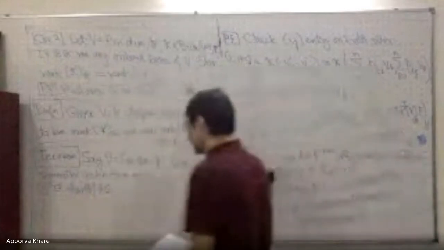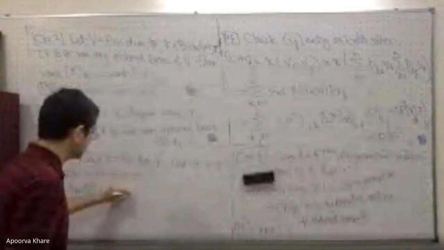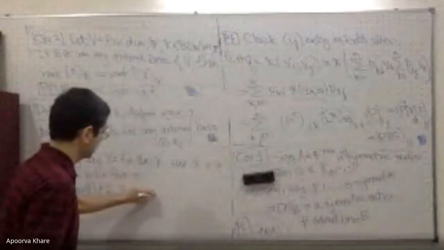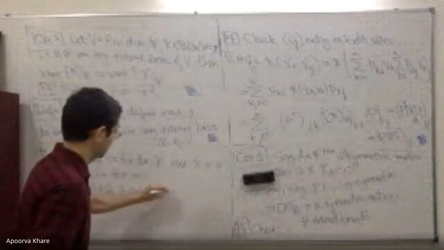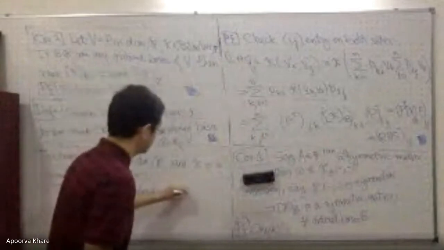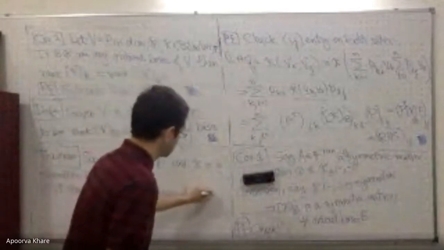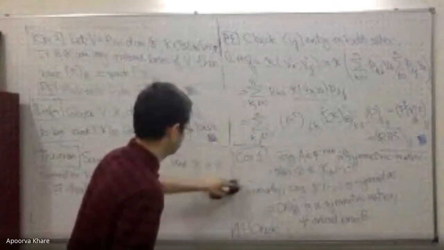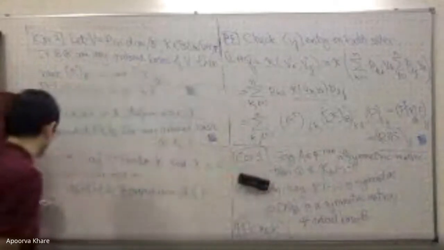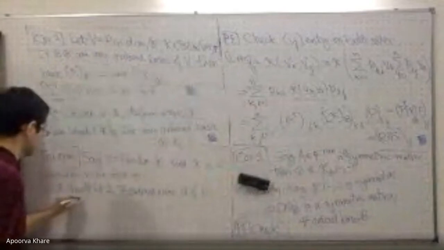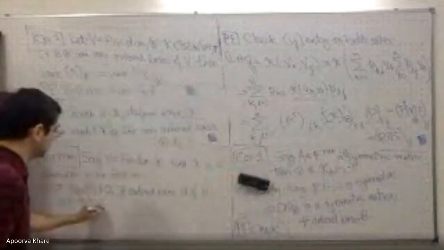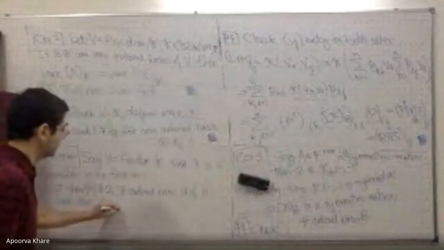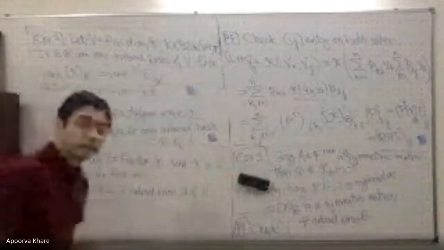So if this is true, then there exists an ordered basis B of V, obviously, such that the matrix of kappa is in fact diagonal.